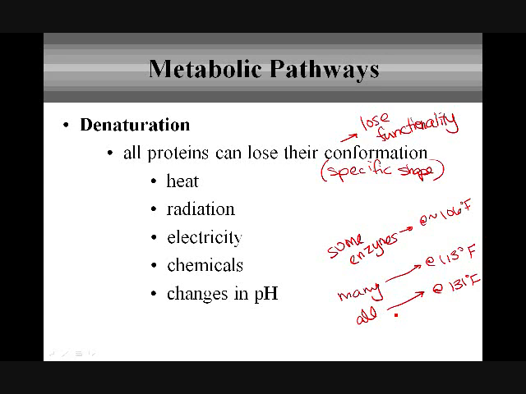An easy way to think about denaturation is thinking about egg whites, which naturally are not actually white. They're transparent. They're that runny, clear substance when you crack an egg. That's the albumin, the protein that's in the egg white.